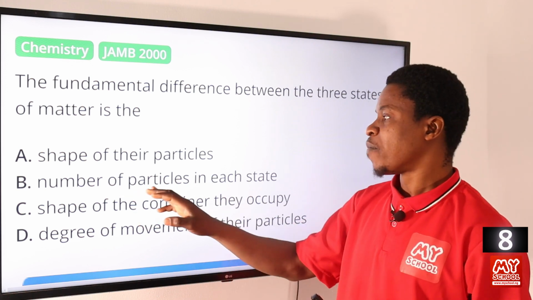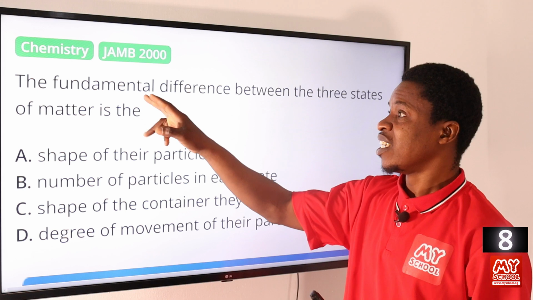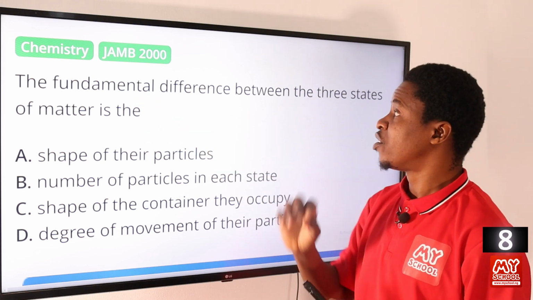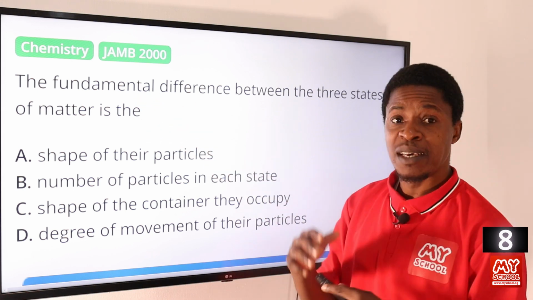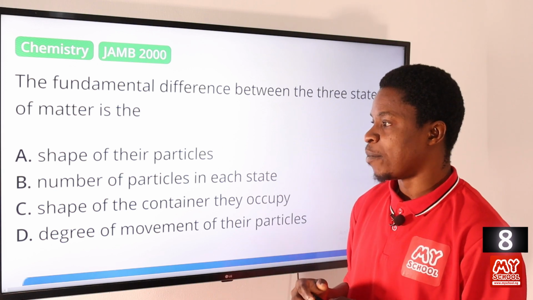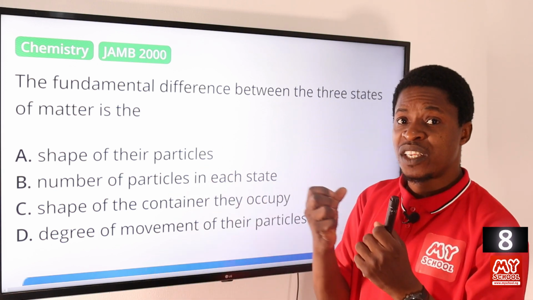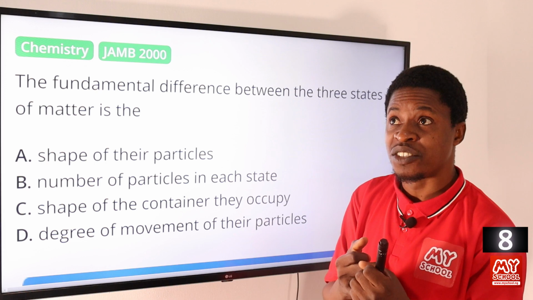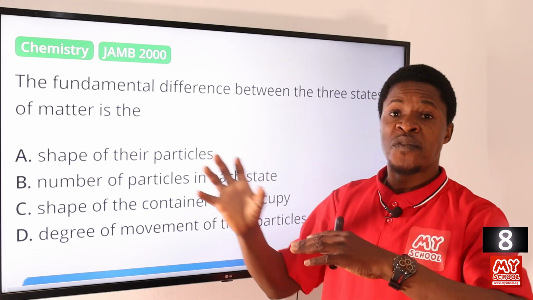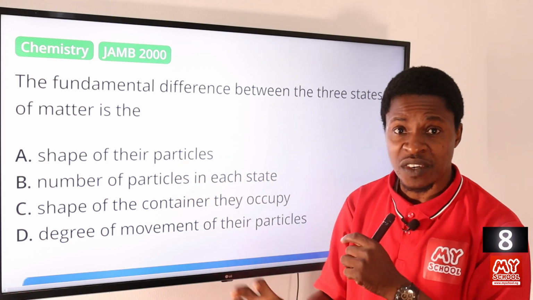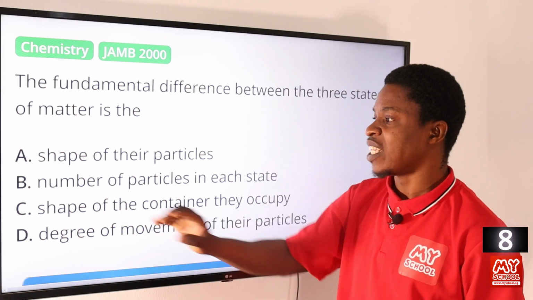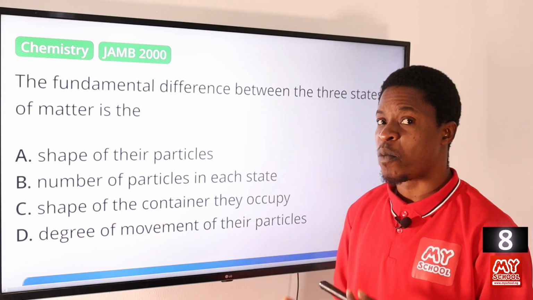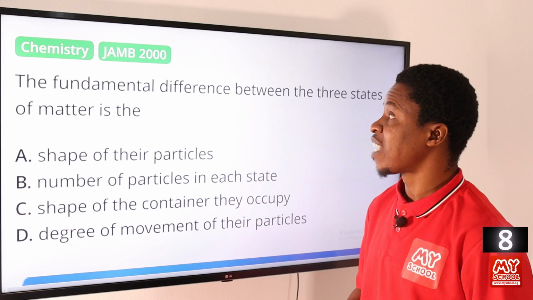So it's not a fundamental difference between the three of them, because we have the particles of gaseous substances moving freely and colliding, and we have that of liquid also moving freely. Option C says shape of the container they occupy. That is not a fundamental difference between them.